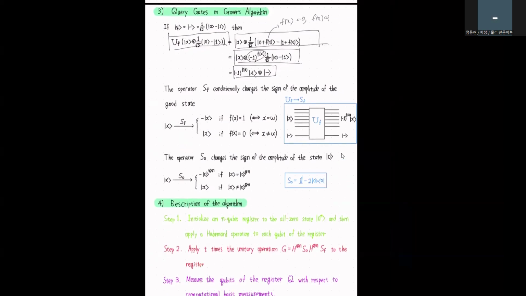So let's now define an operator S_f that conditionally changes the sign of the amplitude of the good state. If f of x is 1, we get minus x, and if f of x is 0, we get x. Basically, operator S_0 changes the sign of the amplitude of the state 0.